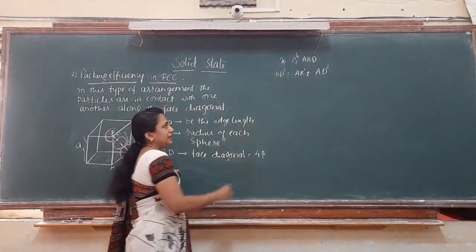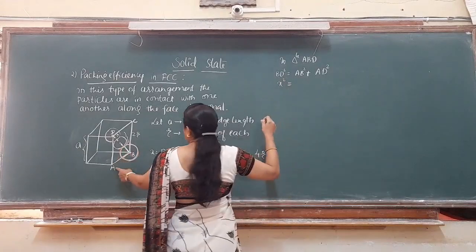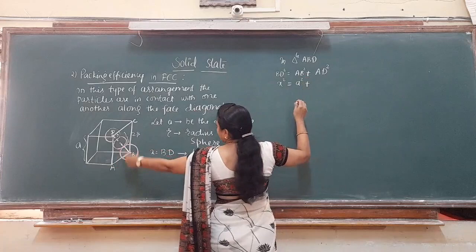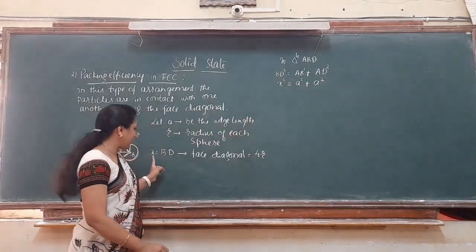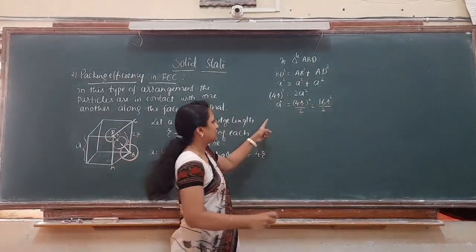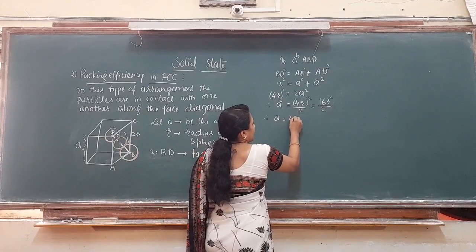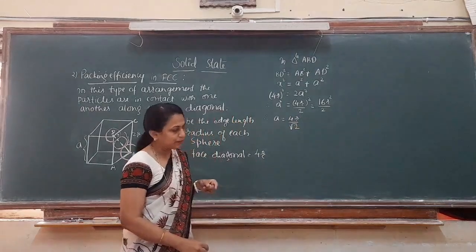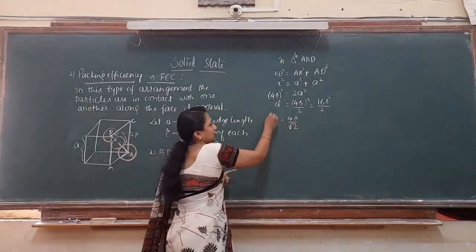So this BD means it is X square is equal to AB square, A square plus AD square, this is A square. What is X here? It is 4R. So A is equal to 4R by root 2. That is A is equal to 4R by root 2.